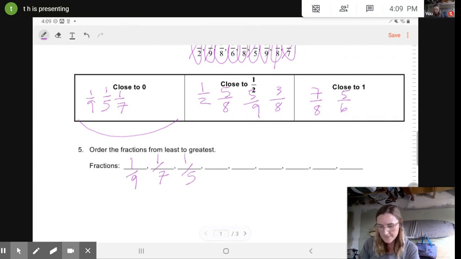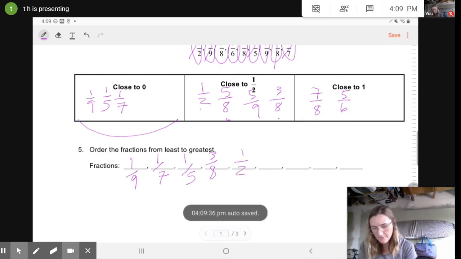And then I have to think about, okay, what's close to half? Well, 3/8 is smaller than 5/8. So 3/8, and then 1/2 is exactly 1/2. These ones are kind of tricky. We're going to come back to these.